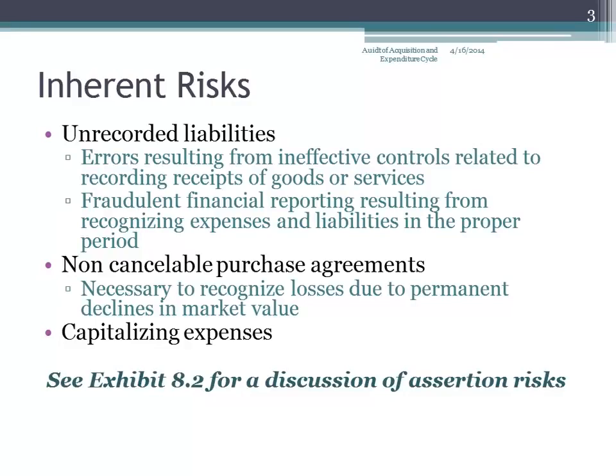They're thinking about what assertions, where's my risk, what's the greatest risk with respect to liabilities, unrecorded liabilities. Then they look at the process that the company has in place, such as the control process, to determine if the control process is effective so that it would detect or prevent an error from occurring and not being detected.